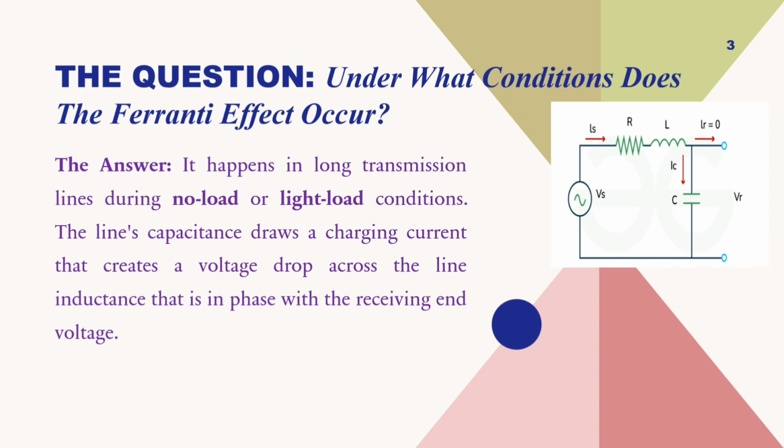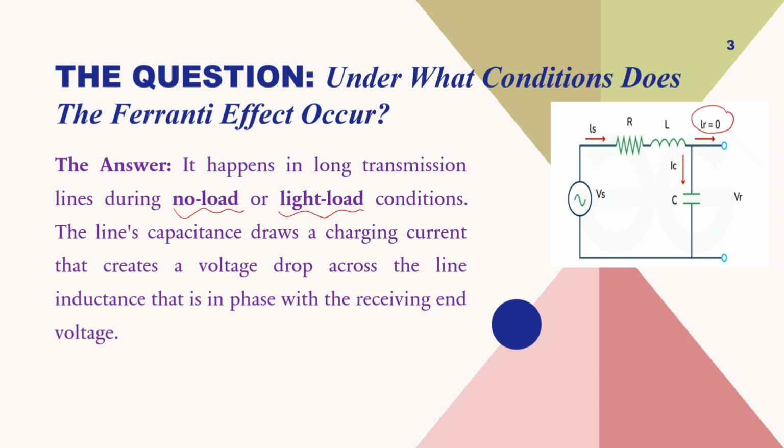At the receiving end, we have a capacitor showing the capacitive effect of the transmission line. Since we are assuming a lightly loaded line or a no load condition, the receiving end current would be generally zero, or there will be negligible receiving end current, and the receiving end voltage is VR.